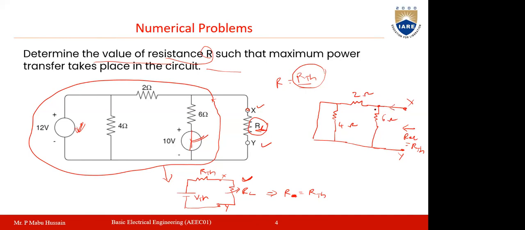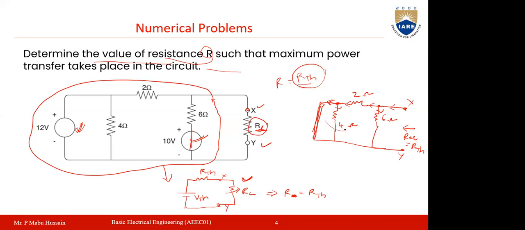At this point, the current has to flow here and here. But if you observe this side, you have an entire short circuit. The resistance will be 0 for a short circuit. So the total current coming from the 2 ohms will go through this short circuit only.